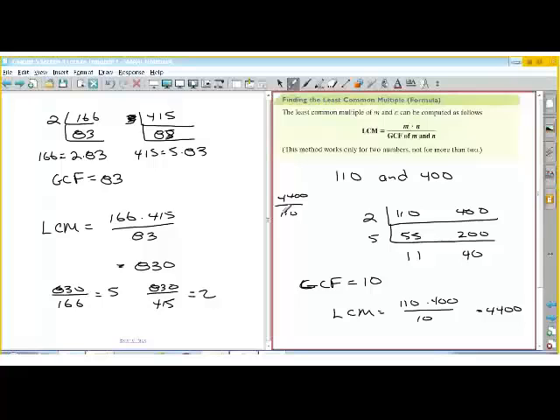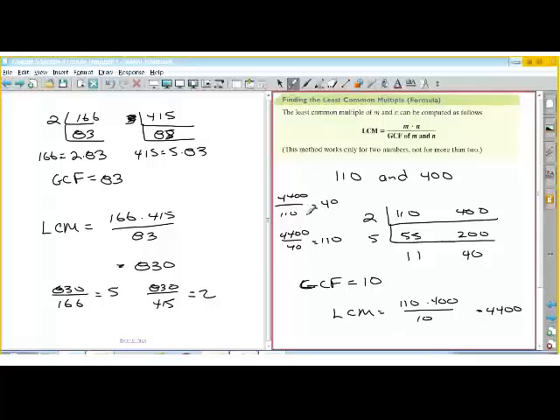Again, you can check that by taking 4,400 and dividing by 110, and you'll get 40. So that's the 40th multiple. And if you take 4,400 divided by 40, you get 110.